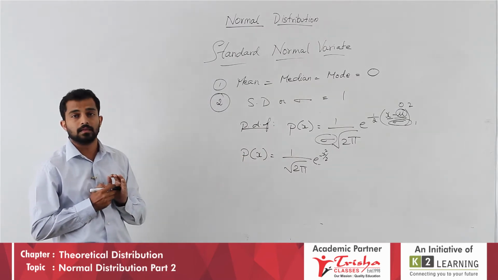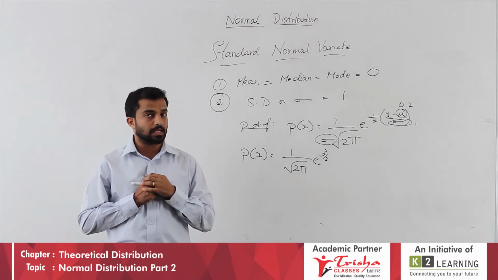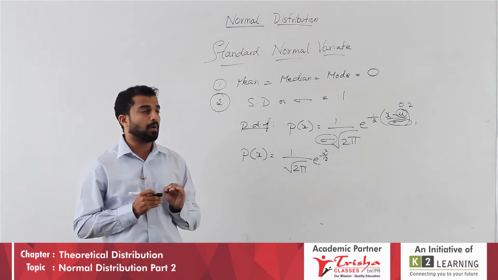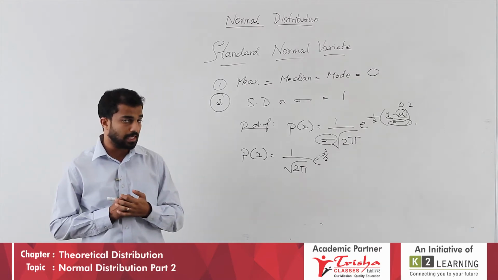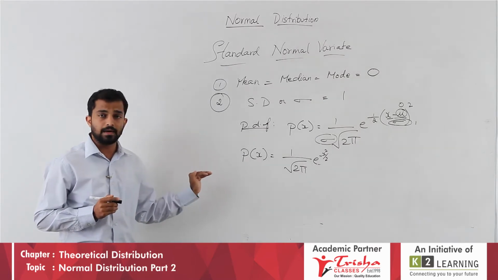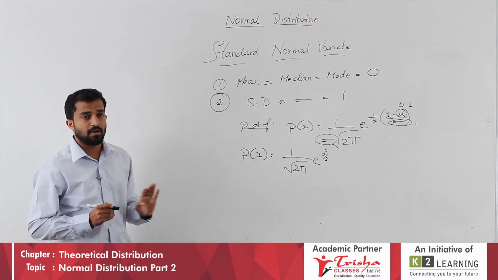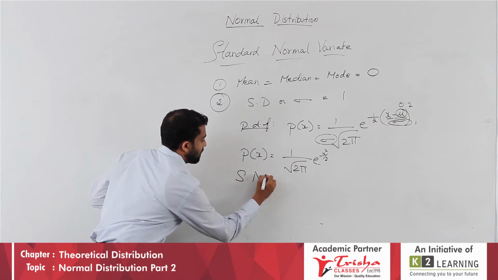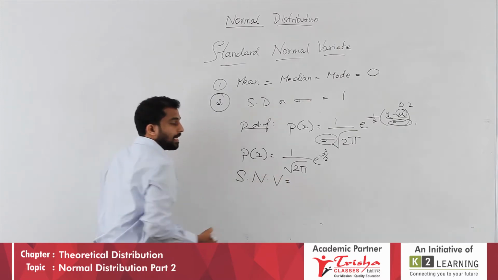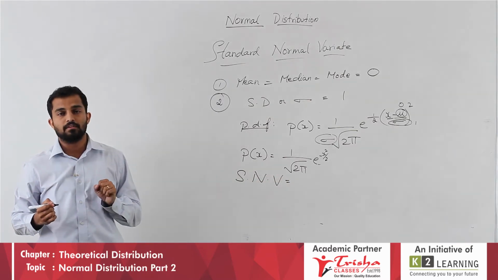And lastly, students, for the sums that we are going to do, very importantly, as we had PMF for various distributions under discrete probability distribution, here from the PDF, we have something called the SNV, that is the standard normal variate.